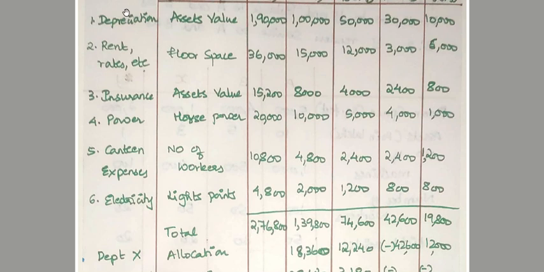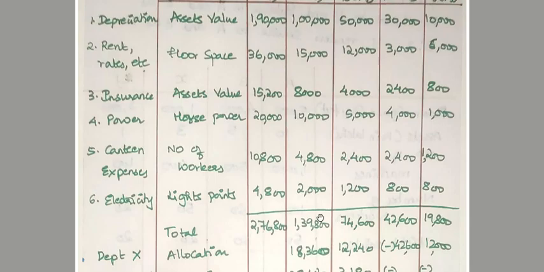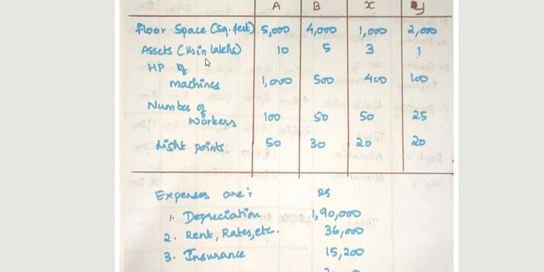So we start out with our expenses, which is depreciation. Depreciation will be apportioned based on asset value. So your total depreciation amount is 1,90,000. Based on asset value, your ratio is 10:5:3:1.